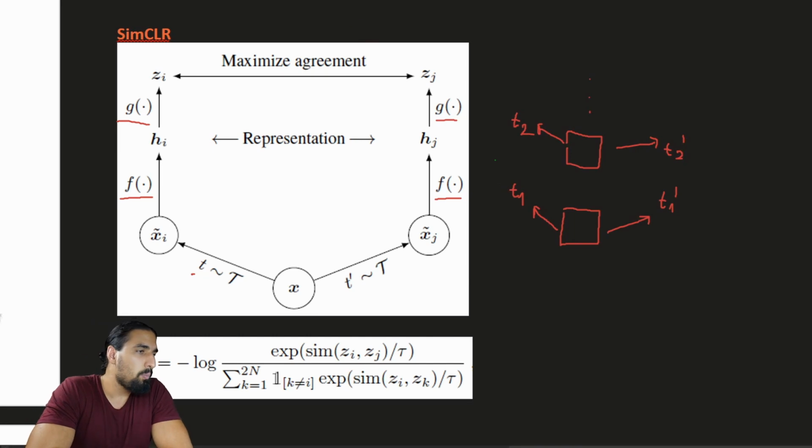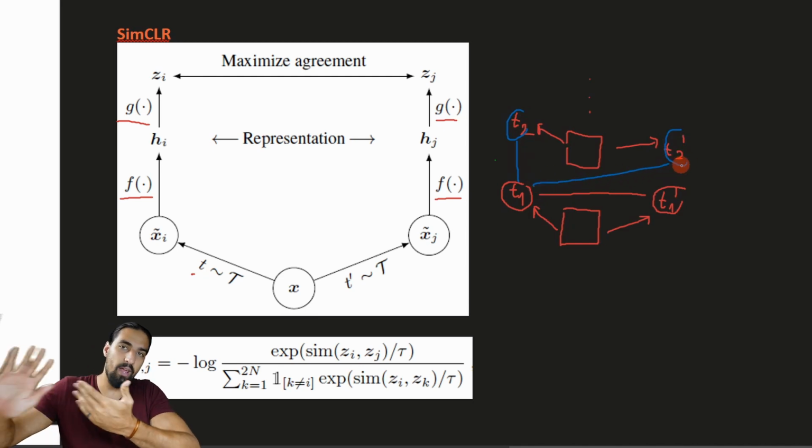Now the whole point is the following. You take the representation you get from this T1 image after passing it through F and G, and you want to make sure that representation is close to this one because they belong to the same image. And then you want to make sure it's far away from these other representations. You want to push it away from those.